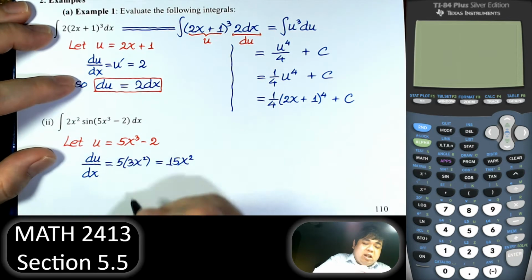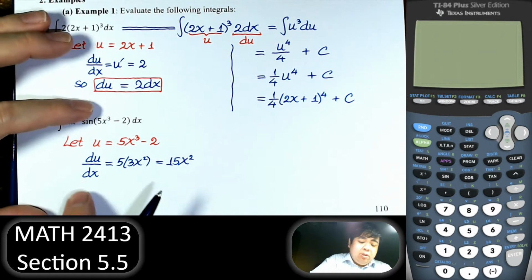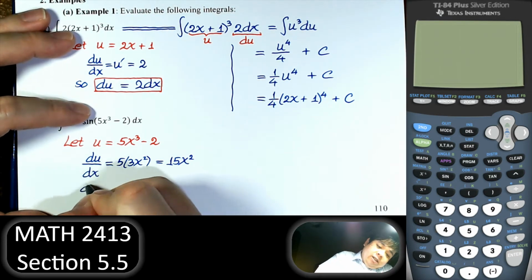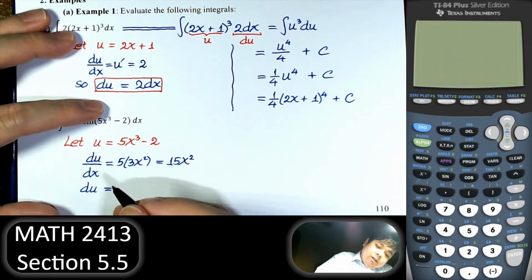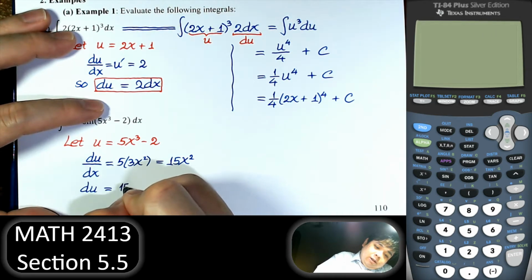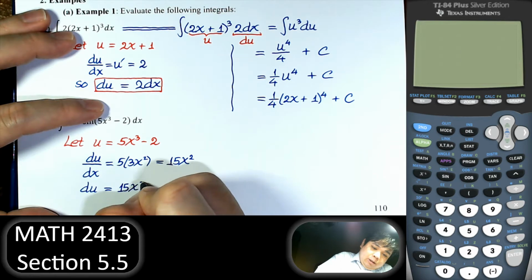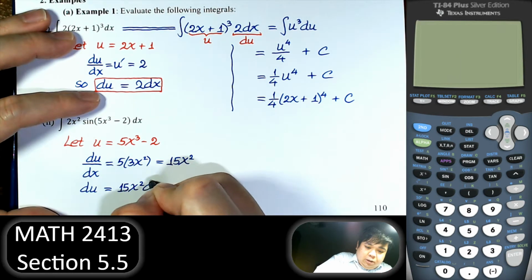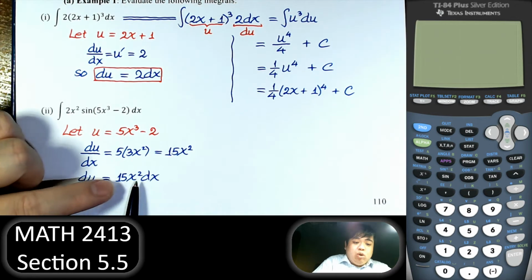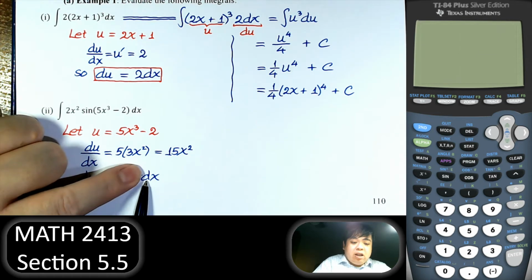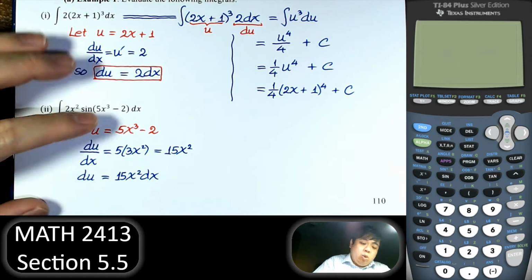I just say 15x squared directly. Move the dx over. And then I will solve for dx. To get dx by itself, I'm going to divide by the 15x squared to the other side.